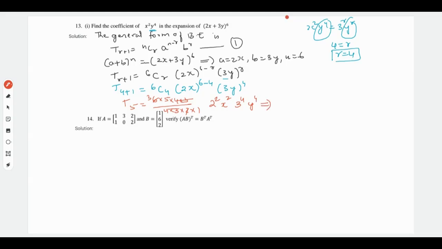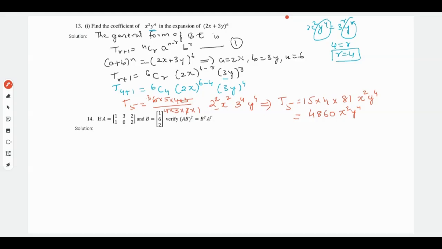That will be T5 will be 3 5s are 15 into 2 2s are 4 into 3 into 3 is 9, 9 into 9 is 81, is x square and y power 4. So when you multiply all these values, we get 4860. So what is the coefficient of x square y4 is 4860.